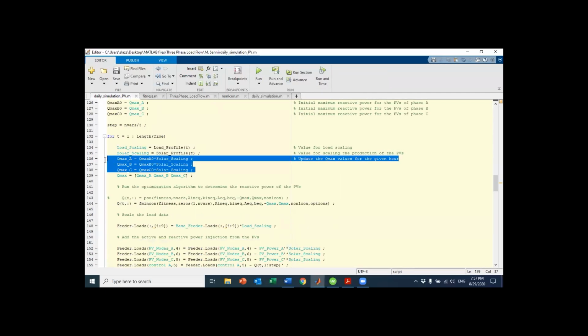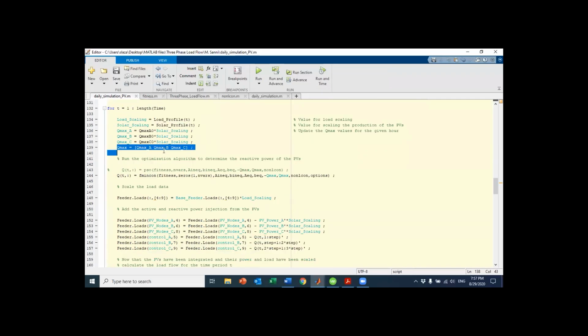Like I said earlier, we also need to scale the maximum reactive power production of the PVs, and this is just a vector of maximum reactive power production of the PVs, which is needed to run the fitness function.